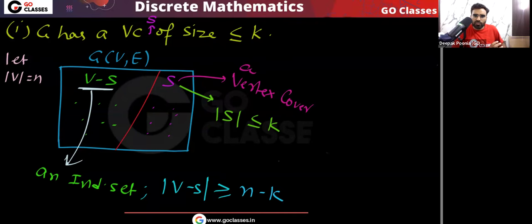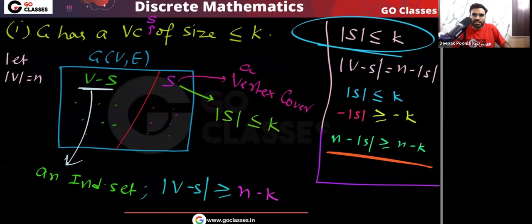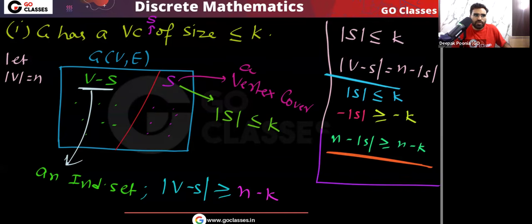If you did not understand, don't worry, you can do it mathematically. The size of S is less than or equal to k. The size of V minus S is equal to the size of V minus the size of S. Let's assume the size of V is n, so the size of V minus S equals n minus the size of S. We have size of S less than or equal to k.